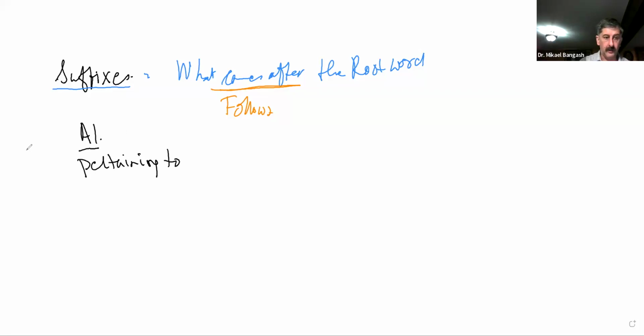Pertaining to what? Pretty much what the root word is. Now there are going to be other suffixes which also mean pertaining to.